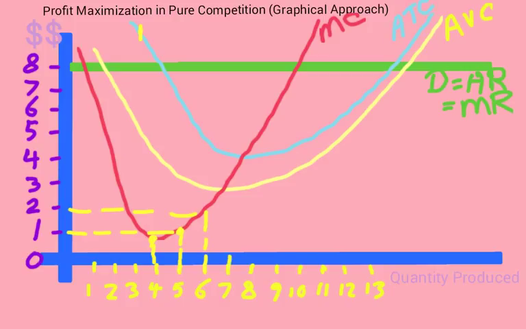Essentially, we're going to keep doing this until our marginal cost reaches the marginal revenue or the price of the product. So at quantity 7, looks like our marginal cost is 3. So it's costing us an additional $3 to make it, and we're selling it for 8, so we are adding to our profit. We can do the same thing at quantity 8, and so forth.